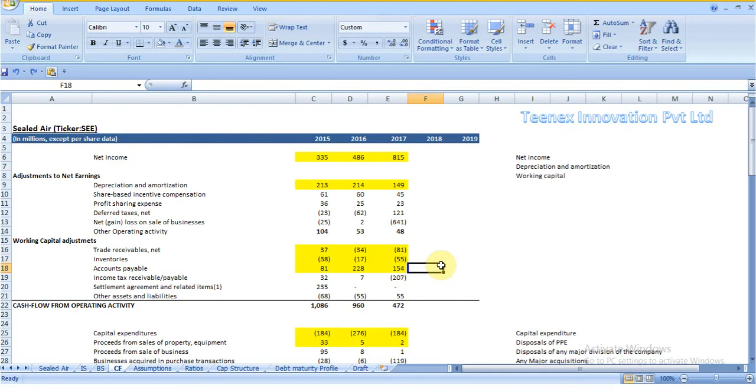Working capital is nothing but the change in current assets and current liabilities, how efficiently the company is managing its working capital. We are going to understand that in our assumptions when we do forecasting related to working capital. But here I'm just giving you an idea of the key things we need to understand while working on cash flow from operating activity.